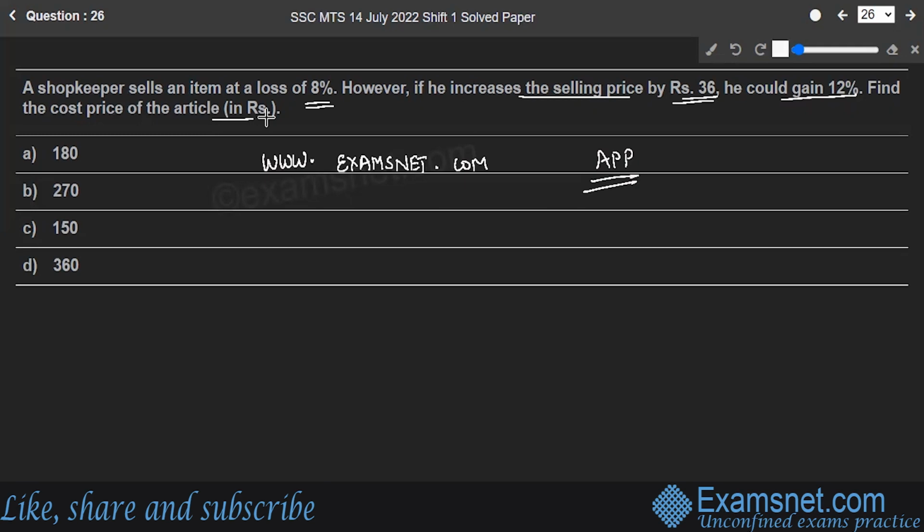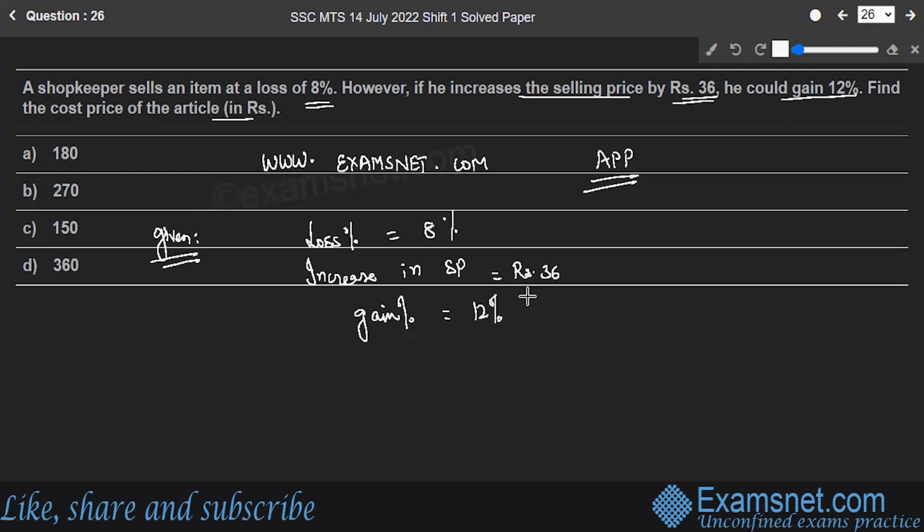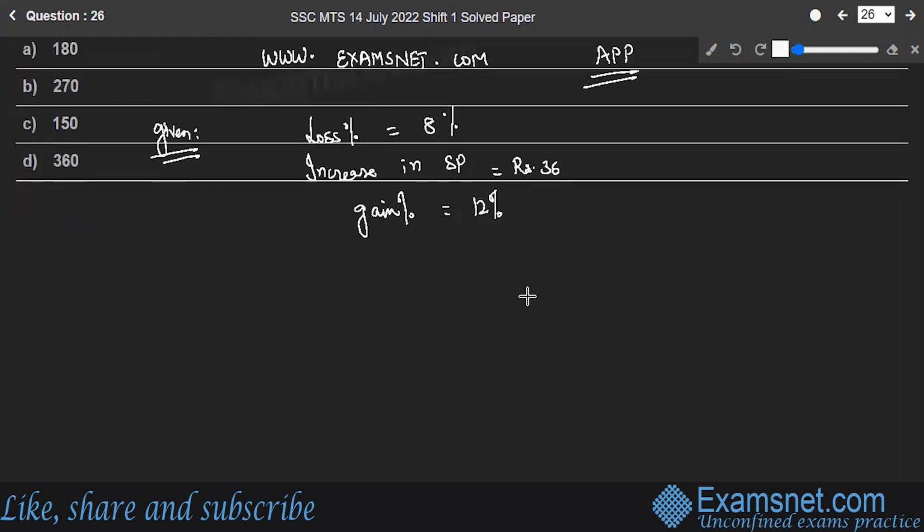Okay, so what are you given in the question? First of all, let's write down. You are given that loss percent is 8. Also, increase in selling price is 36 rupees. Then gain percent or the profit percent is 12, right?